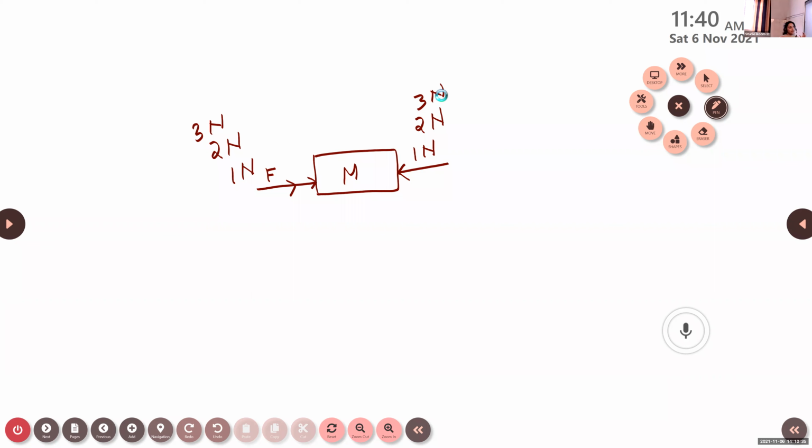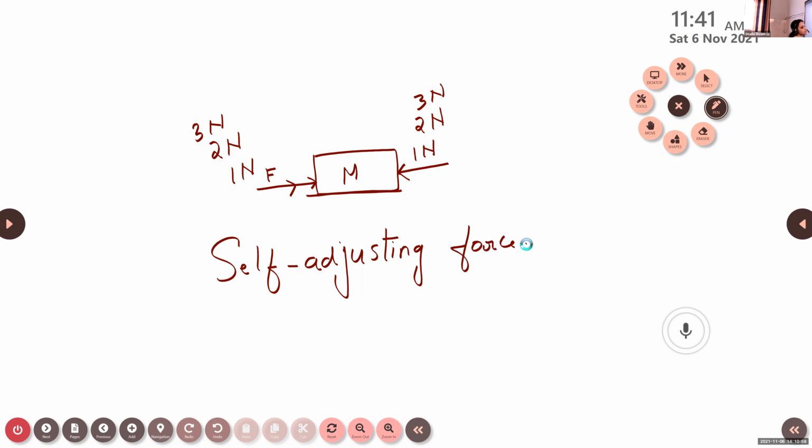So if you apply a force of any magnitude from the forward direction, static friction tries to exert the same amount of force from the opposite direction in order to keep the object in a state of rest. That is why static friction is also known as a self-adjusting force. Is it clear now? Yes, ma'am.